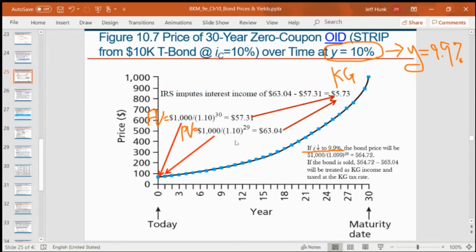If in the second year the market interest rate goes down to 9.9%, or 0.099, then if you discount it by 1.099 raised to 29, it will become 64.72.